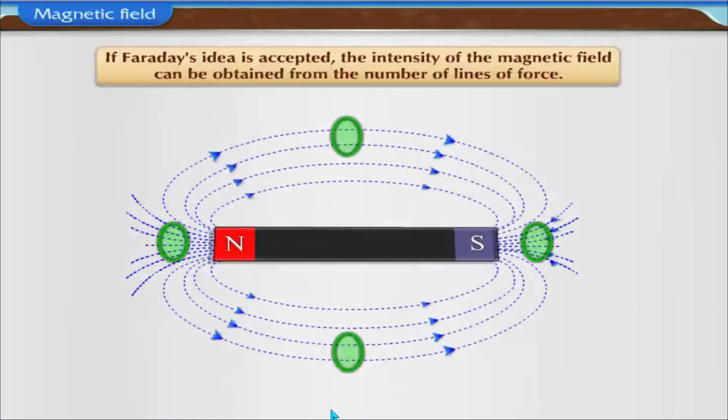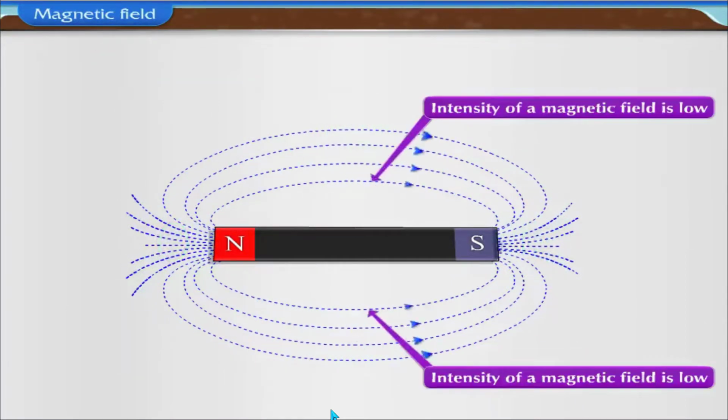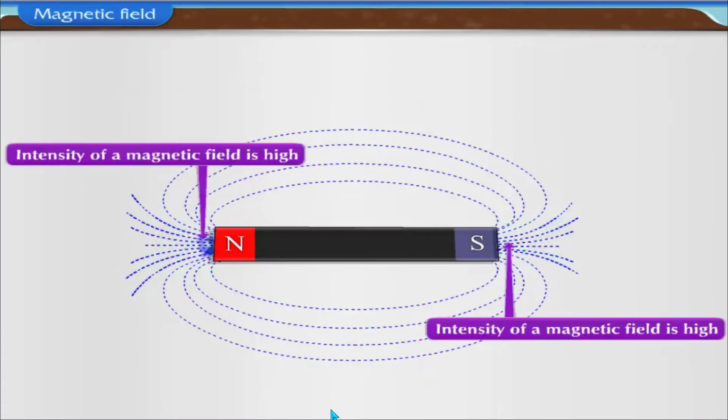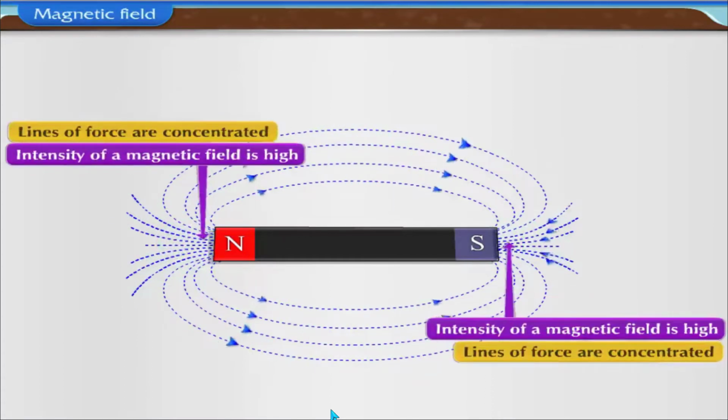If Faraday's idea is accepted, the intensity of the magnetic field can be obtained from the number of lines of force as explained earlier. The intensity of a magnetic field is low where the lines of force are sparse, and the intensity is high where the lines of force are concentrated.